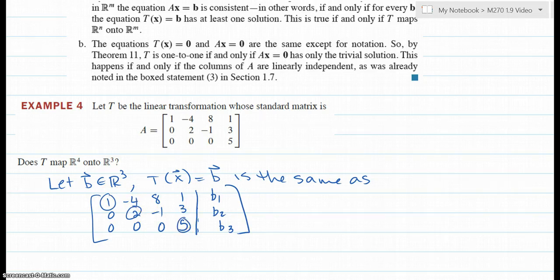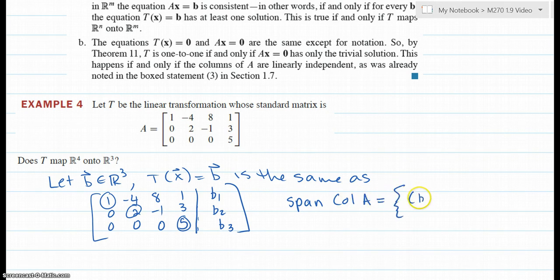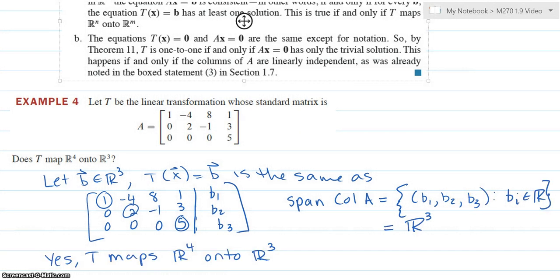This is consistent for all B. So the span of these columns, I'm just going to call them the columns of A, is going to be all B, so just R3. So yes, T maps R4 onto R3.